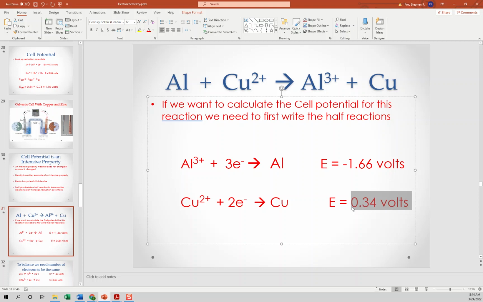And cell potential is very much like the thermodynamics Hess's law, but with one exception: if we double the reaction, we don't adjust the cell potential. If we half the reaction, we don't change the cell potential. The only time the cell potential changes is when you flip the reaction, and all you do is flip the sign. All right, so that's just a quick side note there.